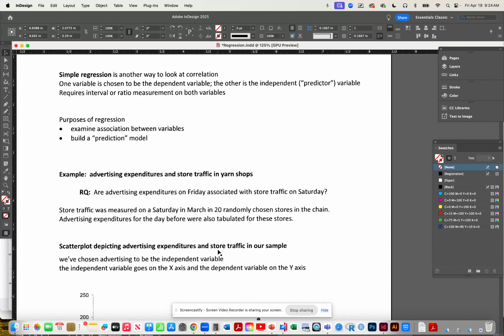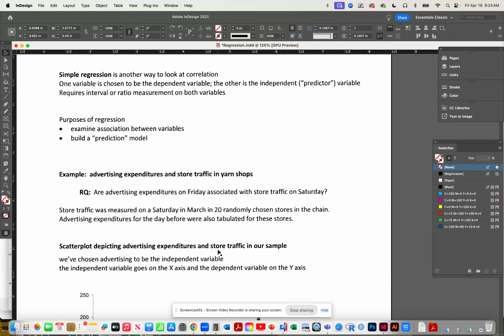The research question is, are advertising expenditures on Friday associated with store traffic on Saturday? To find out, store traffic was measured on a Saturday in March in 20 randomly chosen stores in the chain. Advertising expenditures for the day before were also tabulated for these stores.